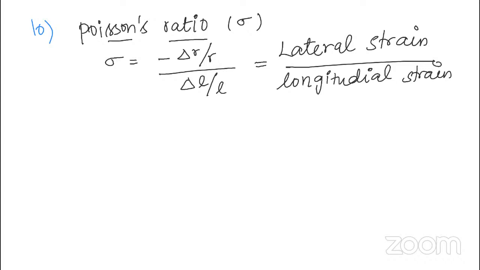Already we know that stress has a dimensional formula, and strain has no dimensions. Since both are strains, the Poisson ratio is a dimensionless quantity.